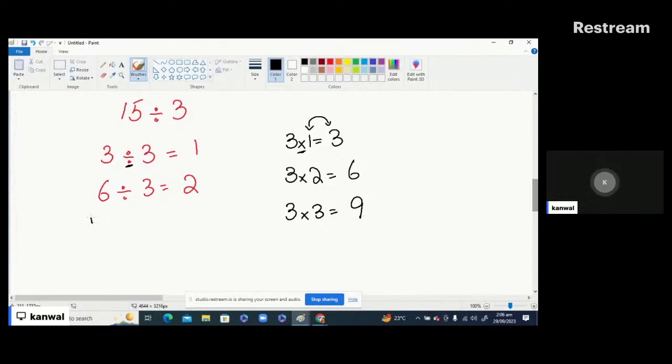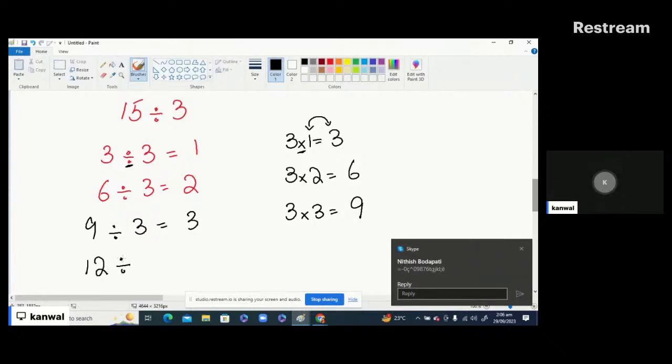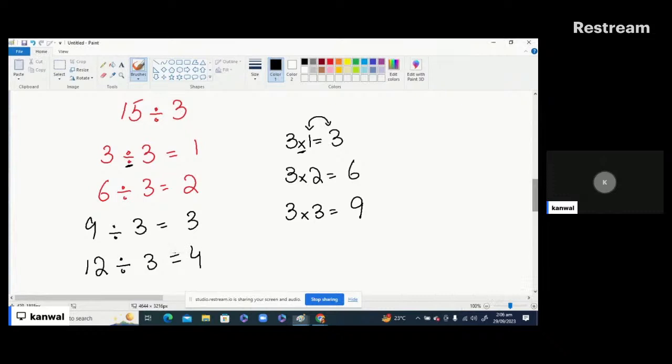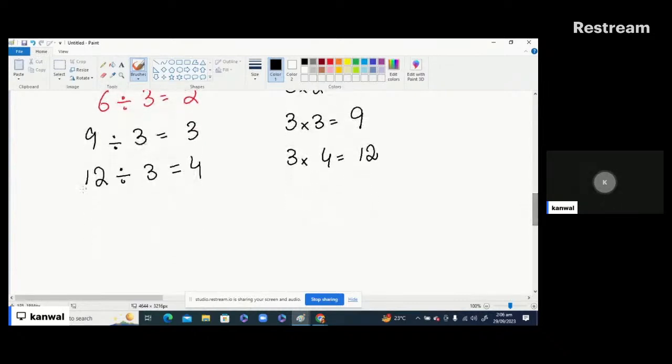So let's put it here: 9 divided by 3 is 3. And then 12 divided by 3 is 4. So 3 times 4 is 12. Then 15 divided by 3 is 5.